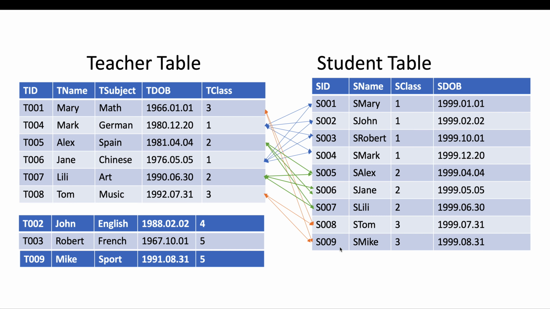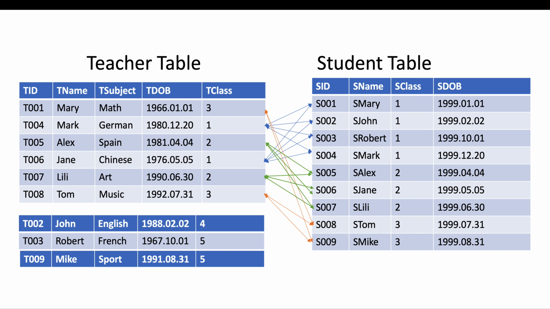That's the relationship between teacher and student. At the bottom, classes 4 and 5, those teachers don't have any student in my student table, but they maybe have other things to do with, like a teacher's subject group. So that's a relationship between tables.